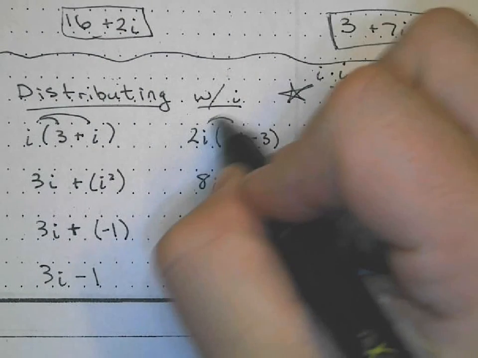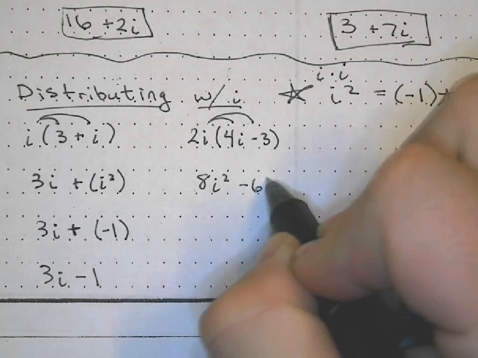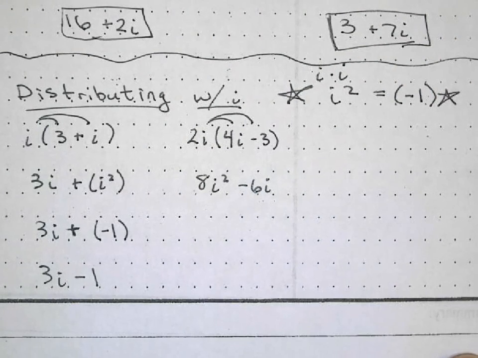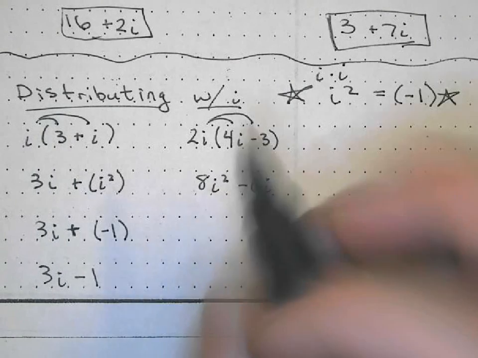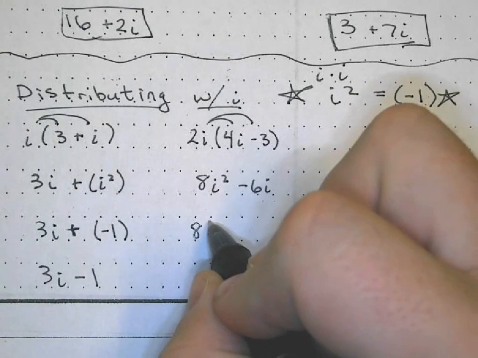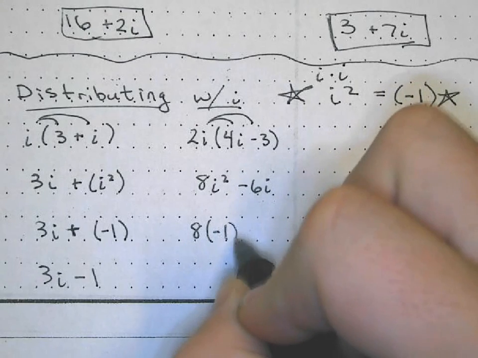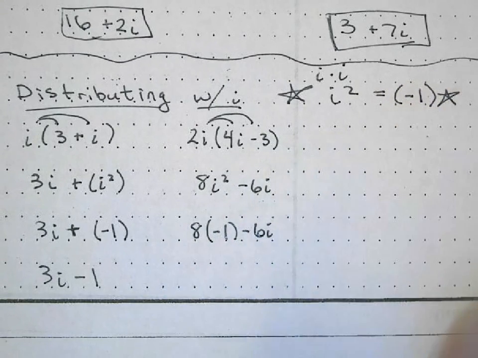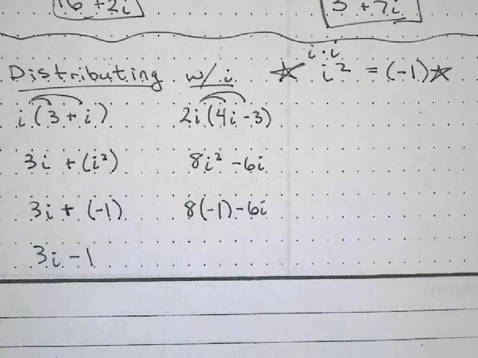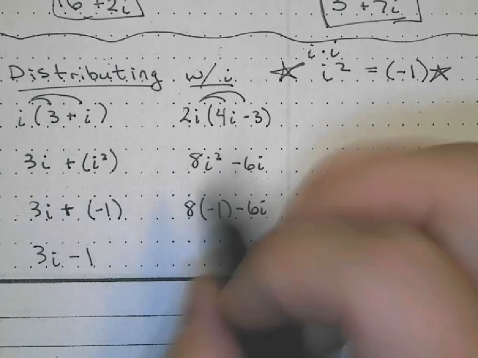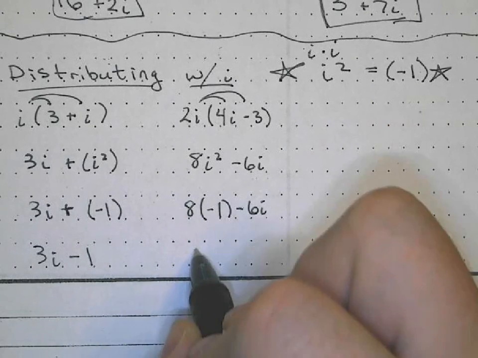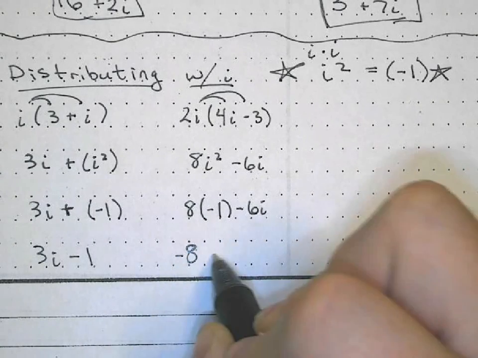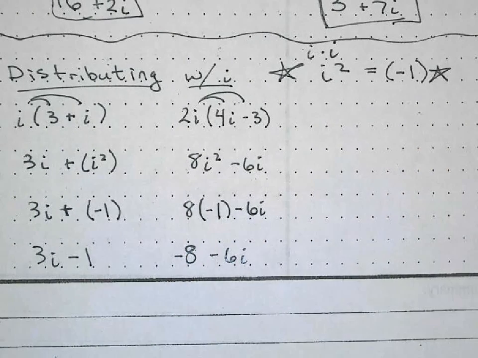Now I'm going to distribute the 2i to negative 3, so it's minus 6i. i squared becomes negative 1, so I have 8 times negative 1. Bring down my minus 6i. This is multiplication, so I have negative 8 minus 6i.